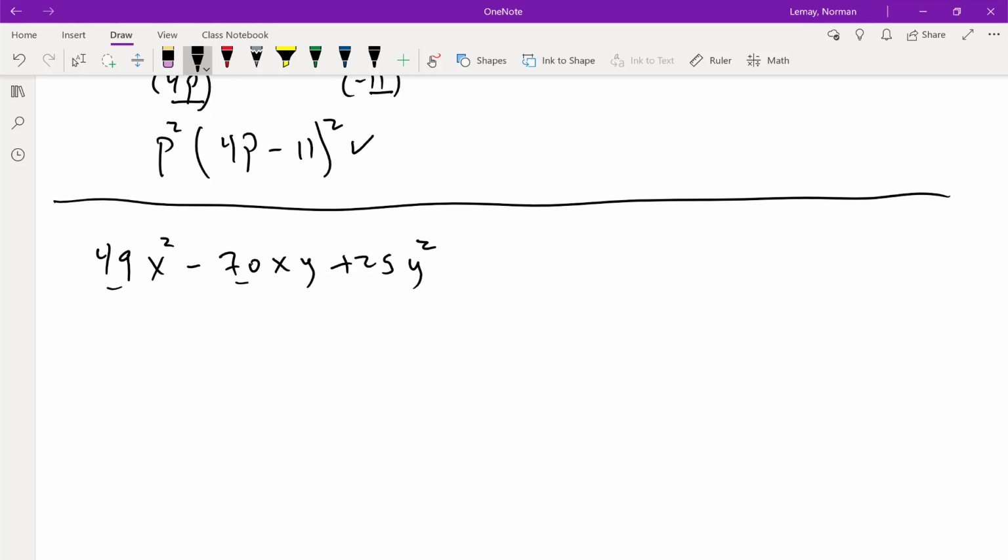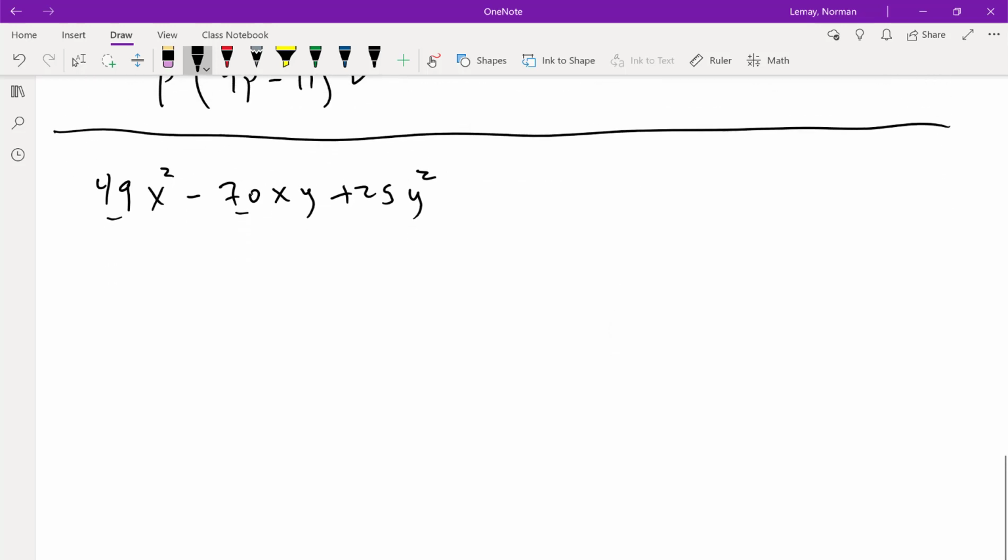So I'll go to my next step and then take a look at this first term, and note that I can write that as 7x quantity squared. And notice that the 25 can be rewritten as 5y quantity squared, but we have a negative here, so we're going to have to throw in our negative there.